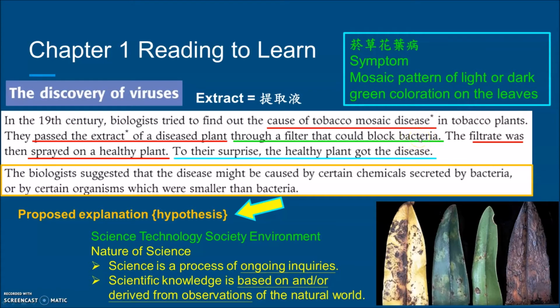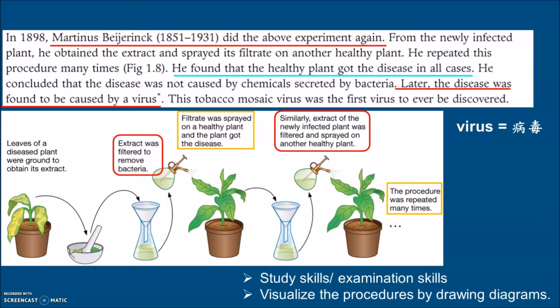So they will not be filtered away by the filter. They will still exist in the filtrate, and that's why when we spray the filtrate on the healthy plant, the virus will infect the healthy plant finally. So that's the whole story for these 2 paragraphs.